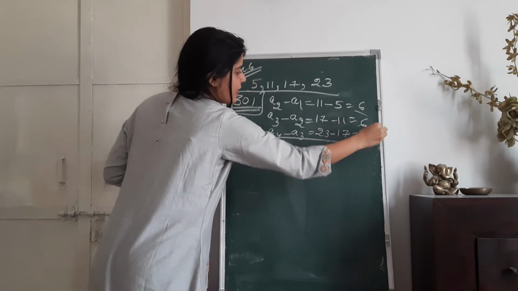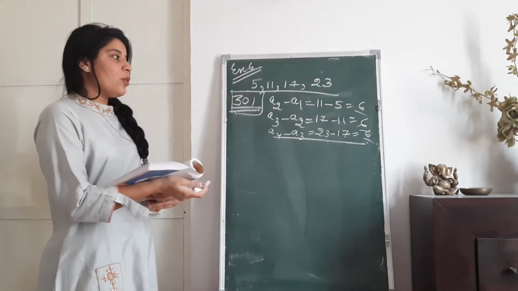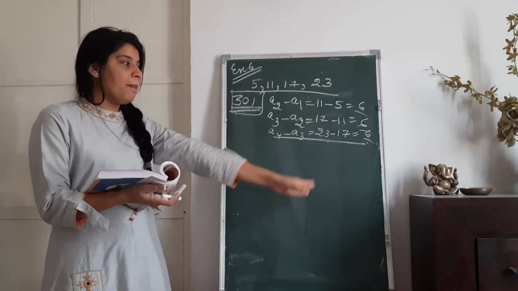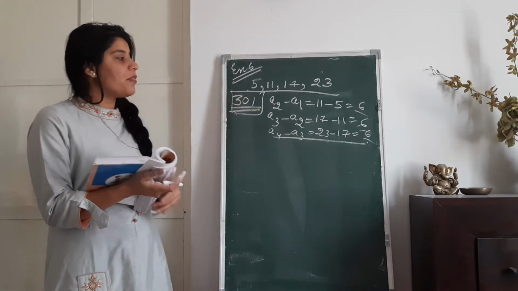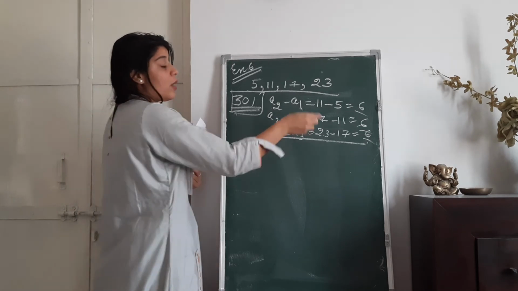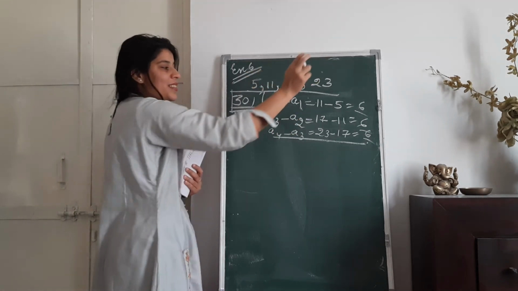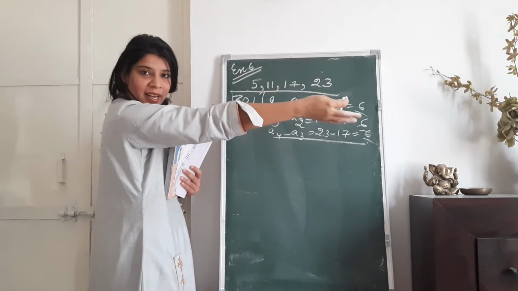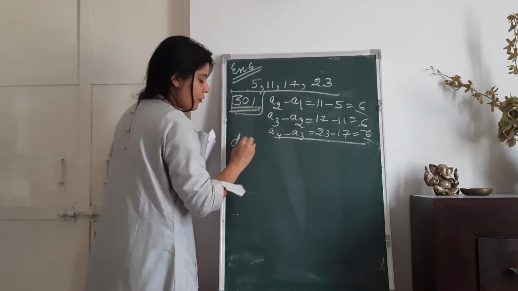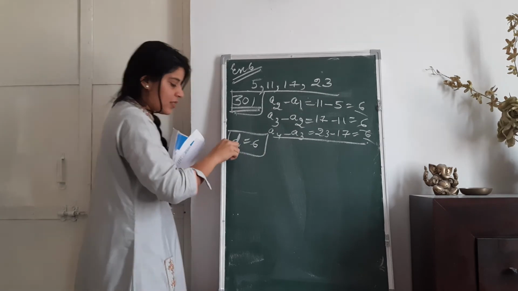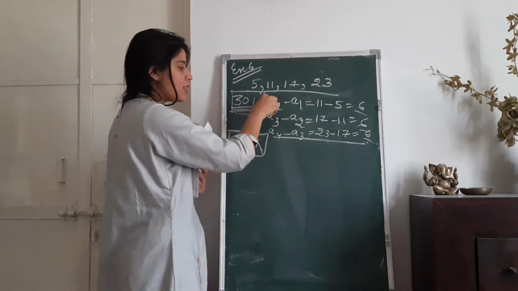So 6, 6, 6. Now we can see the common difference is the same, right? As the difference is the same between all these terms, so that is going to be an arithmetic progression with a common difference of 6, right? And I have to check whether 301 is a term or not.